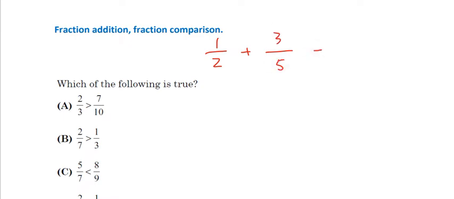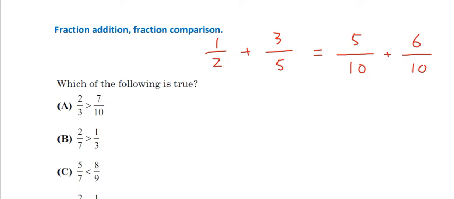So we have to make the denominator the same. Here the common denominator is 10, right? So 1/2 becomes 5/10, and 3/5 becomes 6/10. Then we can add them up and get 11/10.